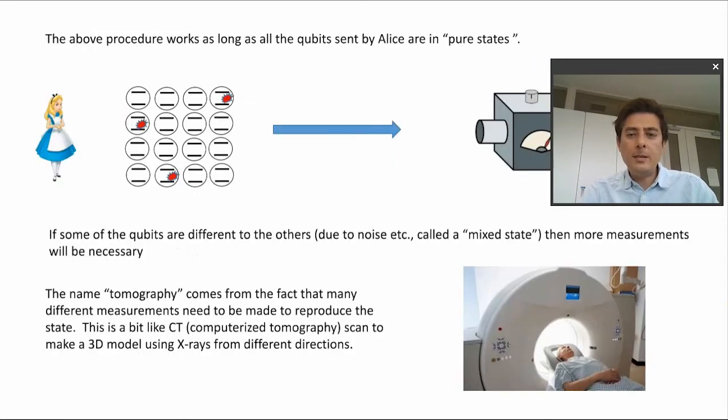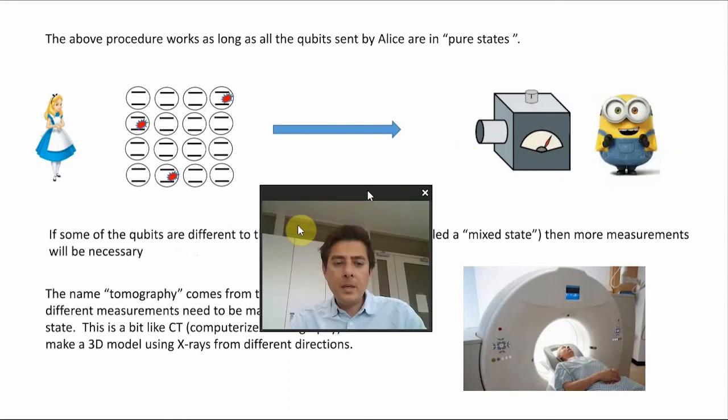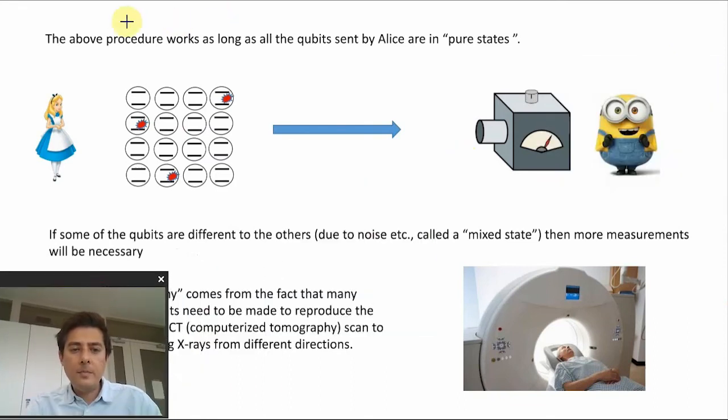As I was saying, this procedure really only works as long as all the qubits are in exactly the same state. If you have some of the qubits in a different state, and this might happen because there are some errors in the way that you're preparing the states, or whatever reason, maybe even all your states are slightly different, then our procedure would need to be modified.